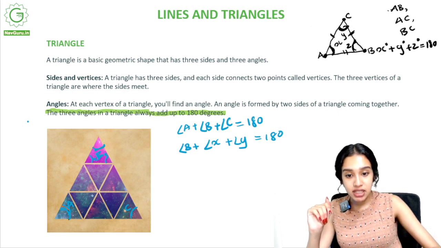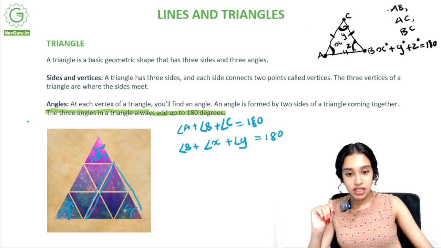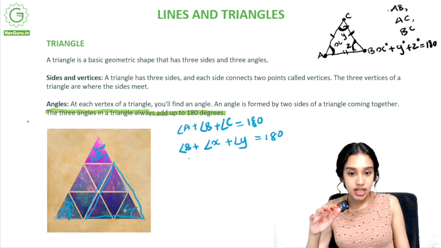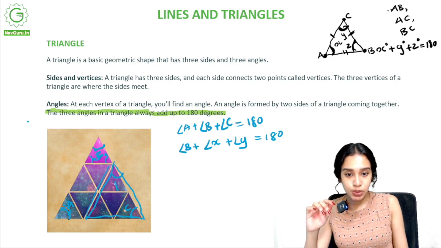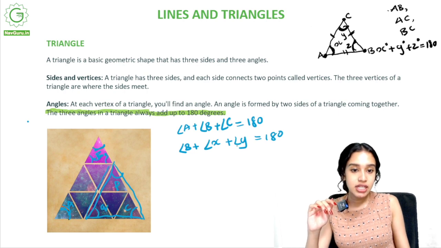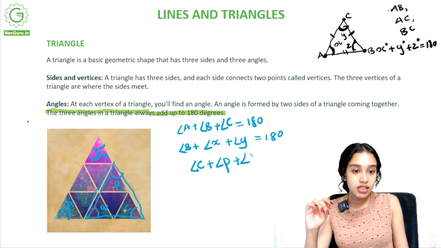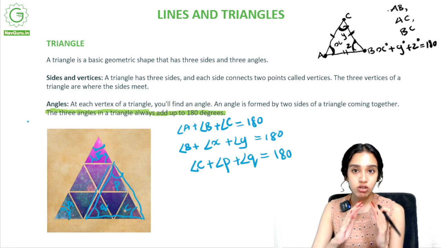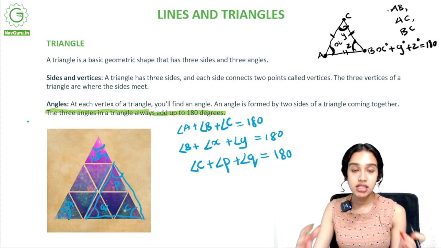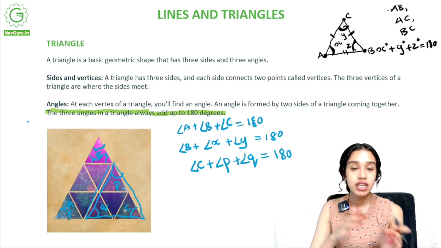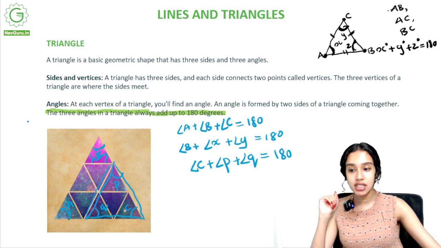Now, considering this triangle right here, which has a side like this, another side like this, another side like this, let's name this angle P and this angle Q. Angle C plus angle P plus angle Q would also be equal to 180 degrees. So no matter how small or how large the triangle is, the sum of the three angles is always equal to 180 degrees.